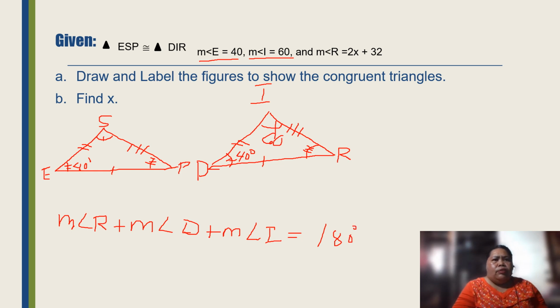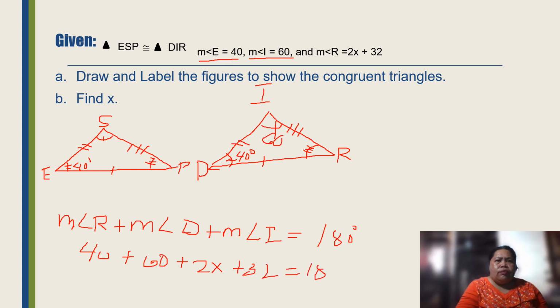So we have here 40 plus 60 plus 2x plus 32 equals 180 degrees.